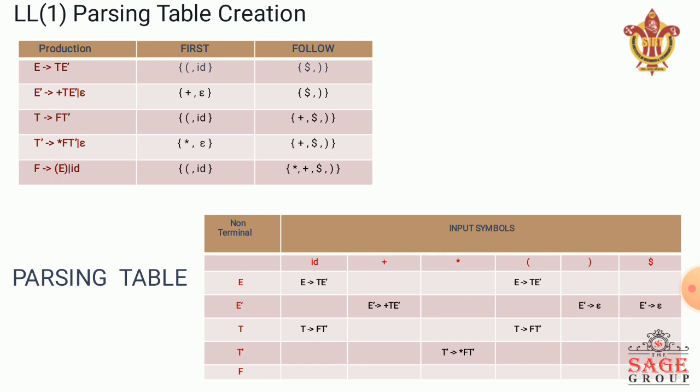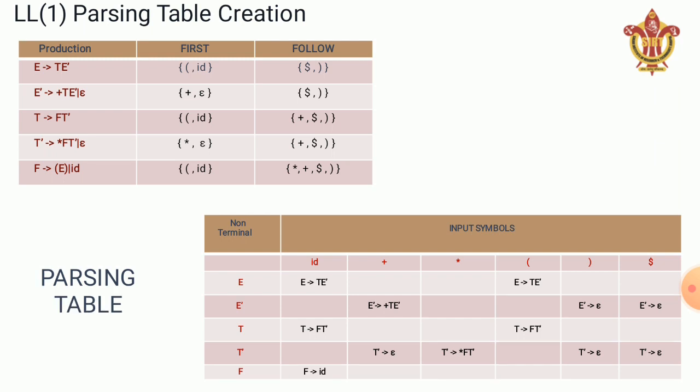Similarly for T dash, first is star, so the row of T dash and column star gets star F T dash. In case of T dash produces epsilon, we write this production in the follow set, which is plus, dollar and closing. So T dash produces epsilon is written in these three cells.